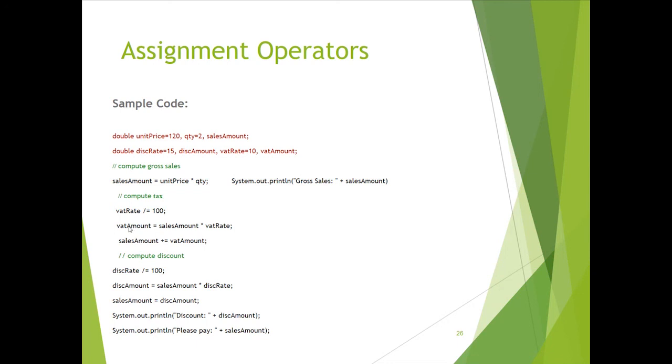Di ba? 24. Now, 24 is going to be added. So VAT amount is 24. So plus equals is going to get the amount of the sales amount and then add it with the value of the VAT amount and then give it to the variable sales amount.